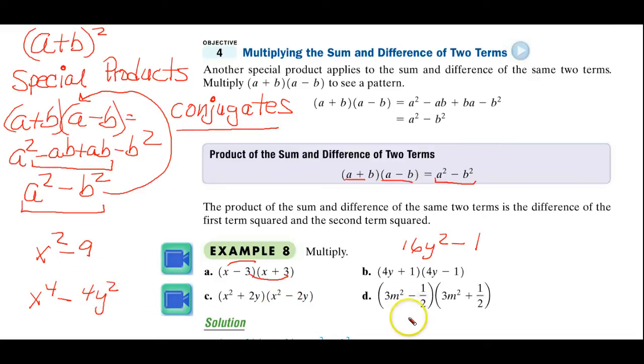And this one's just a little tedious. So this will be 9m to the 4th minus 1/4. So all of these are the difference of perfect squares. If you recognize this, they came from multiplying these conjugates and will factor into the conjugates.